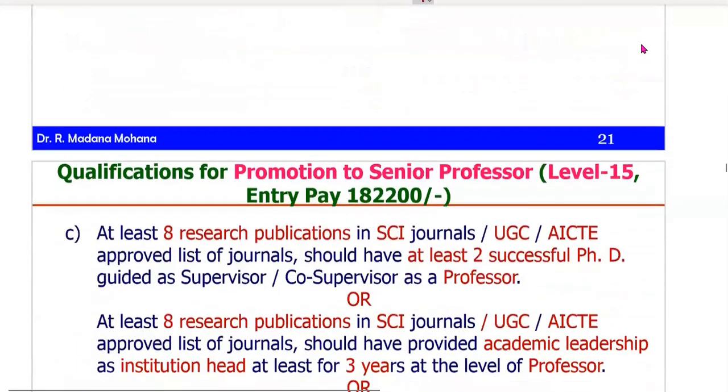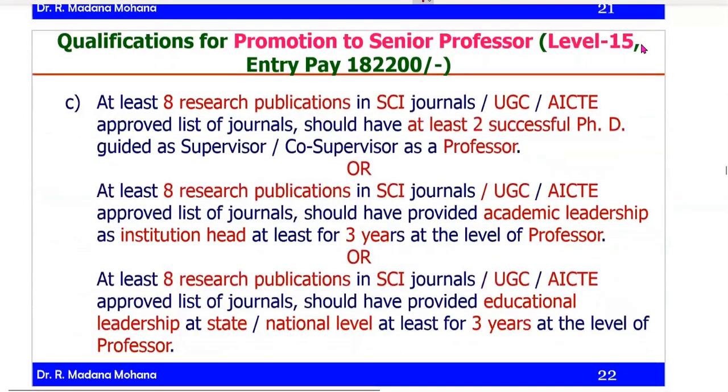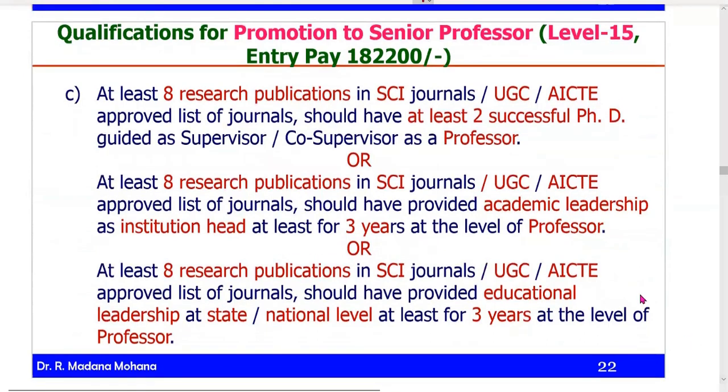And the third condition, here 3 cases are there. Any one case needs to be satisfied. First one, at least 8 research publications in SCI journals or UGC or AICTE approved list of journals.